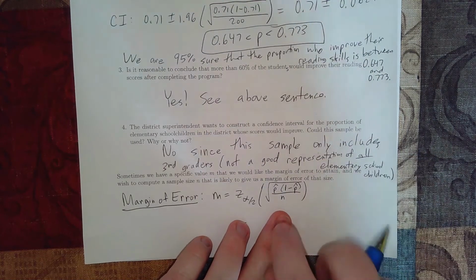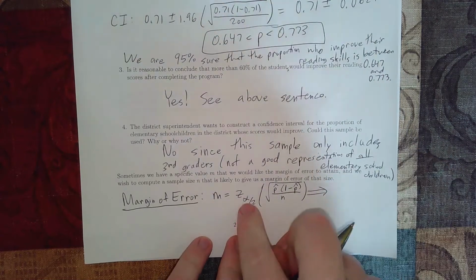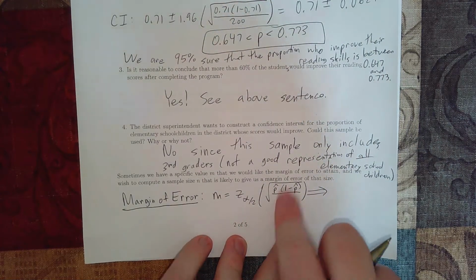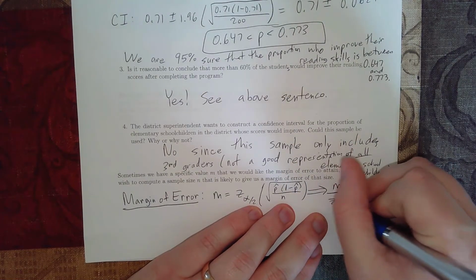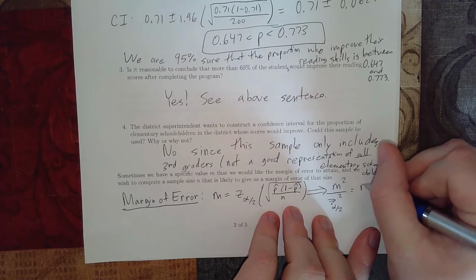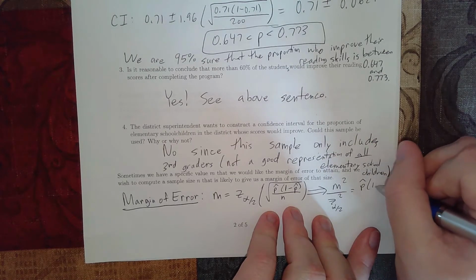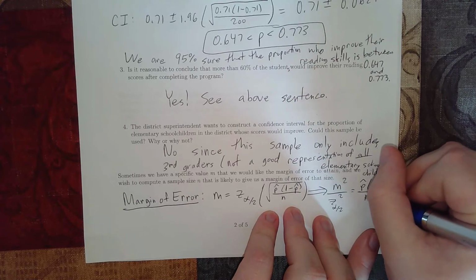And so the thing that we need to adjust then would be our n. If we want to solve for this n, we could divide both sides by z sub alpha over 2 and then square them to get something that looks like m squared over z sub alpha over 2 squared equals p hat times 1 minus p hat over n.